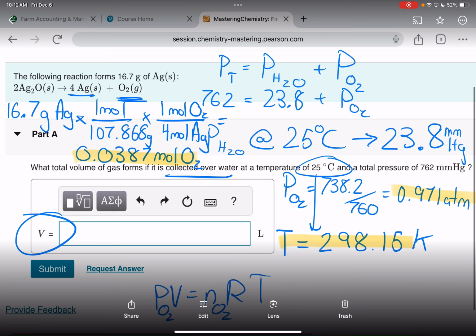Another way that I might do this is, don't worry about the collecting it over water part. So maybe I just start with the stoichiometry side, the 16.7. You have to calculate the moles, and then I give you this pressure of O2. So this is what I mean by when there's more than, I'm gonna say 2 parts, knowing how I write questions, I generally only make you do 2 different types of calculations.